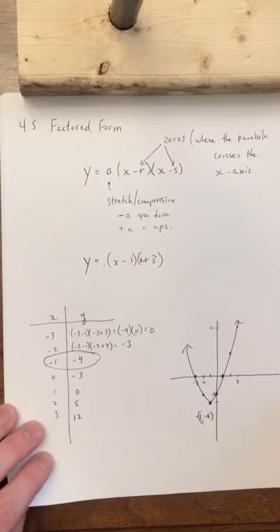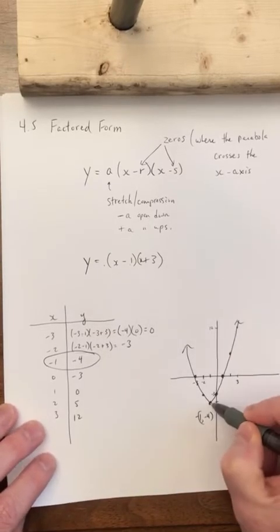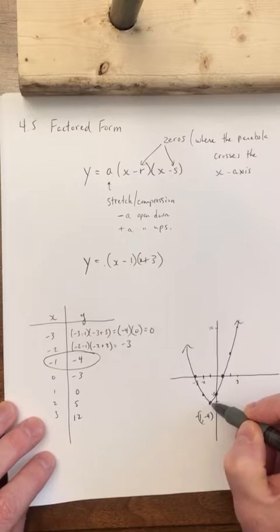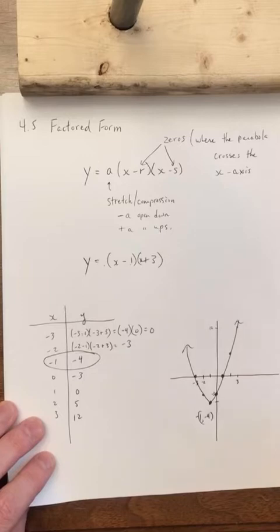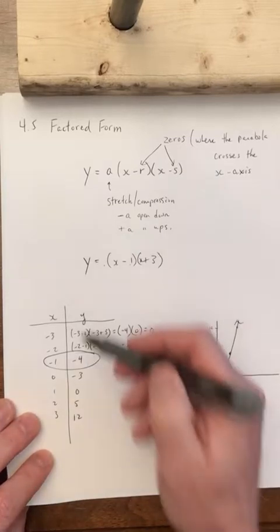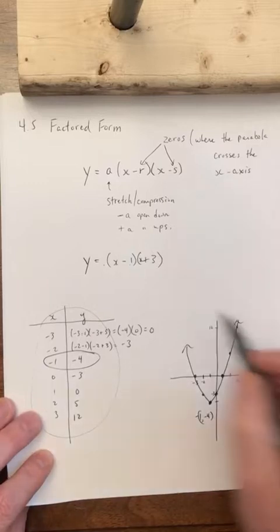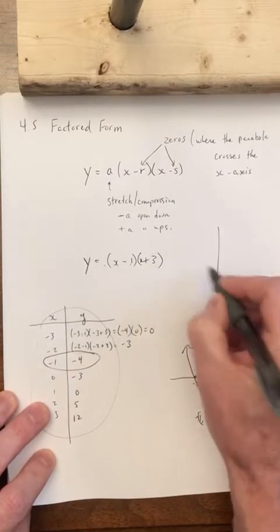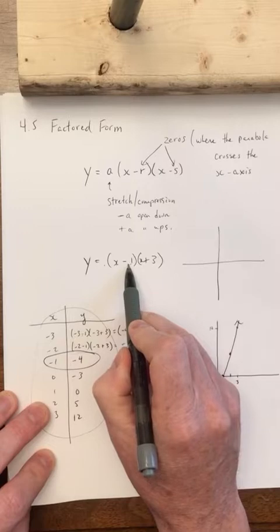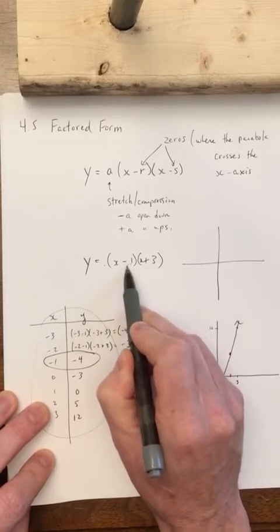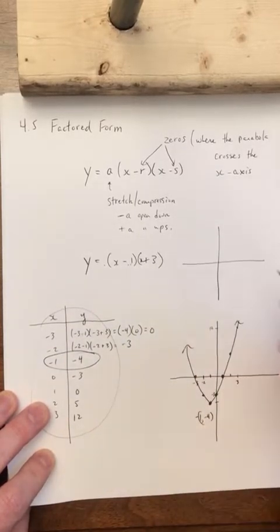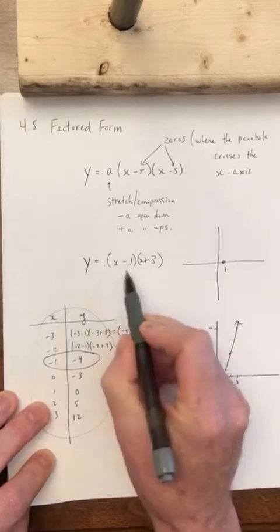Now, in this case, I can see where our vertex is, but what if we actually wanted to solve for it. So when I'm doing this type of question, I don't necessarily do this. I'm able to look at my R and my S, and I know it's going to cross here at 1.